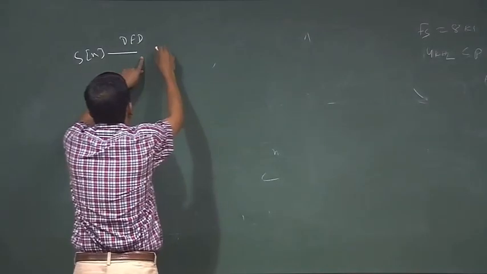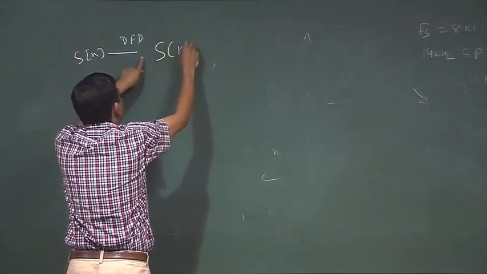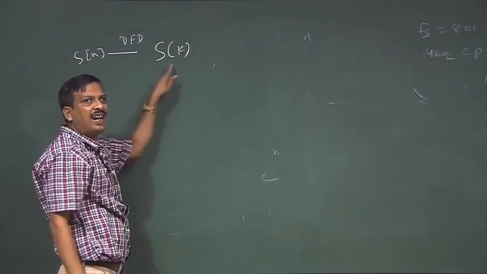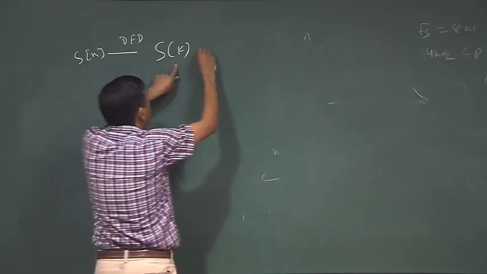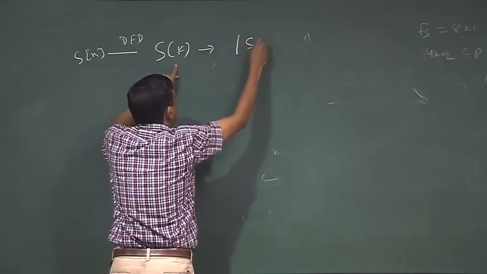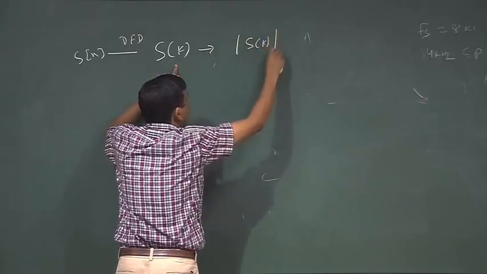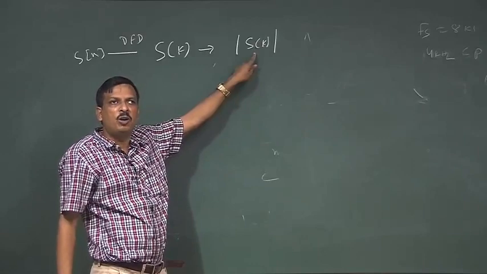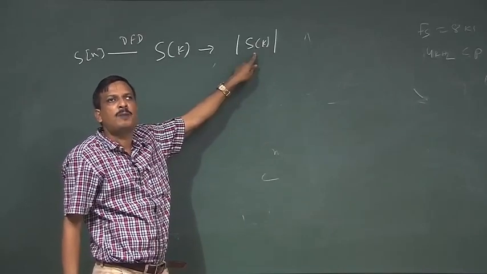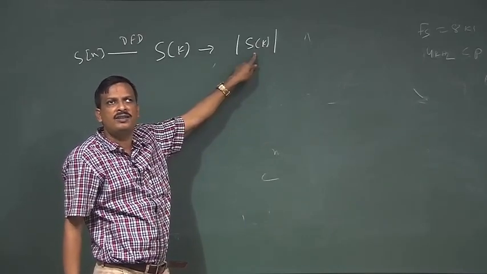After DFT I get S[k], the normal frequency spectrum. Then from S[k], if I calculate the mod of S[k] and plot it with frequency, it is nothing but a frequency versus power plot, which is the spectrum in normal frequency scale.